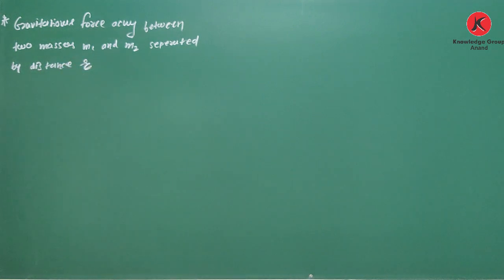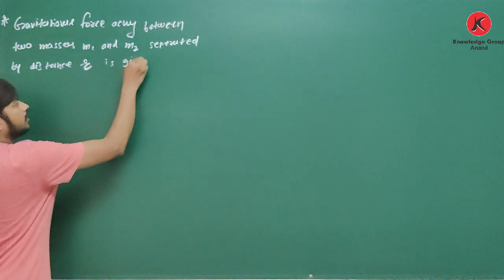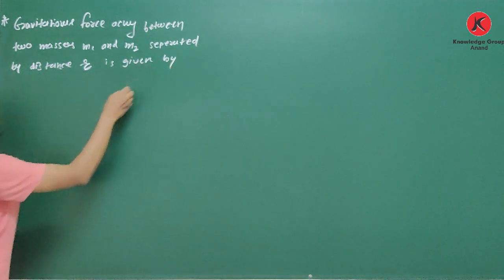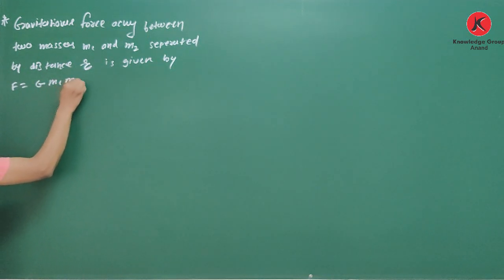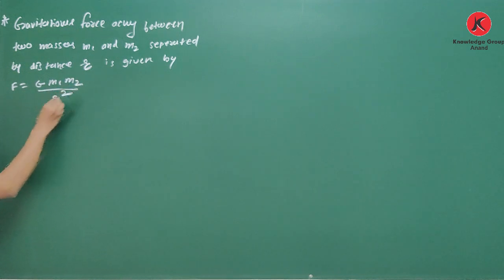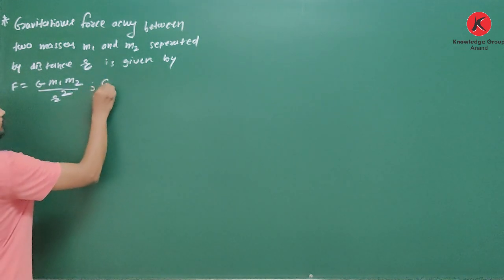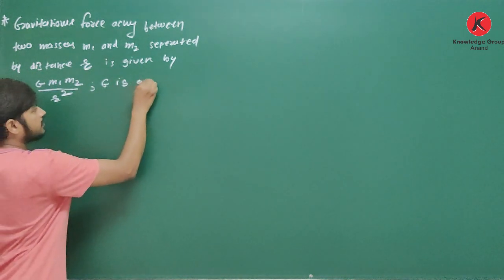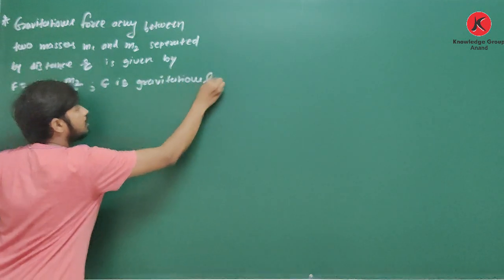Okay, gravitational force acting between two masses M1 and M2 separated by distance r is given by F is equal to G M1 M2 upon r square. Yes, you know gravitational law. Okay, F is equal to G M1 M2 upon r square, where G is gravitational constant, universal gravitational constant.